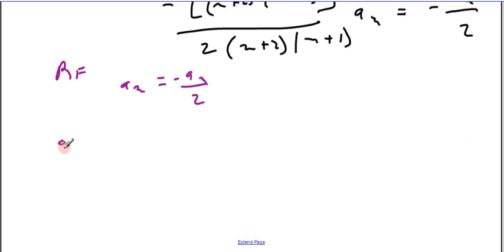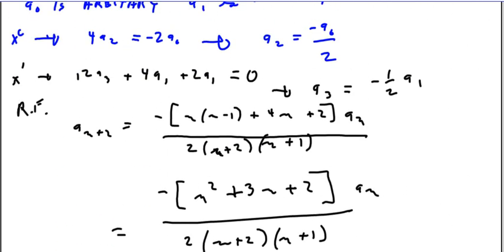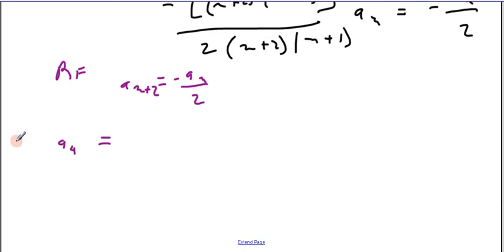So that being the case, a4 is going to be equal to minus 1/2 a(n plus 2), for all n greater than or equal to 2. So when n is equal to 2, I have a4 equal to minus 1/2 a2.